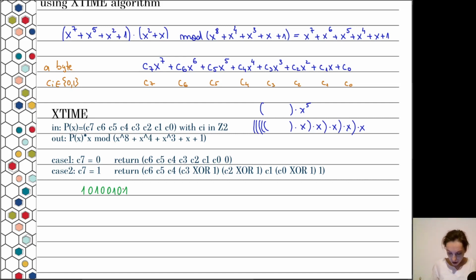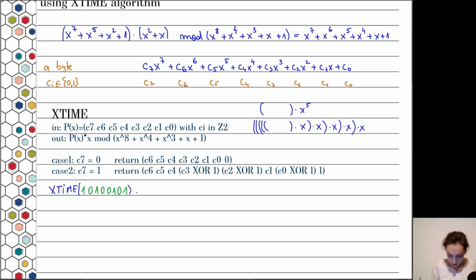Okay, and we will be interested now to apply XTIME on this input. So this will return us this polynomial times x.